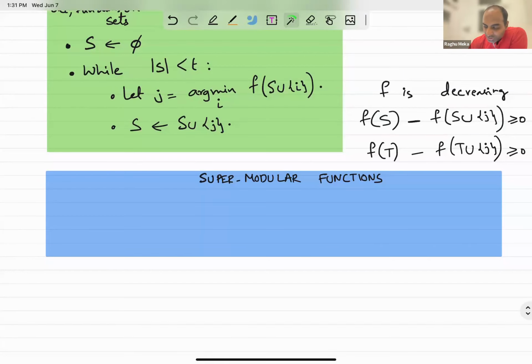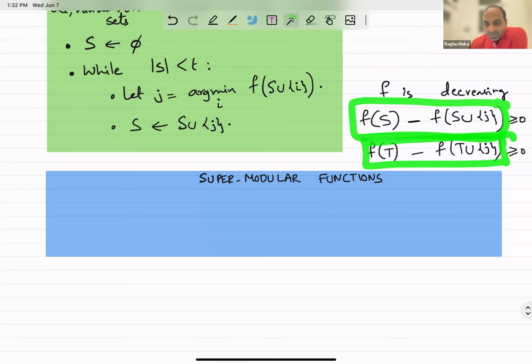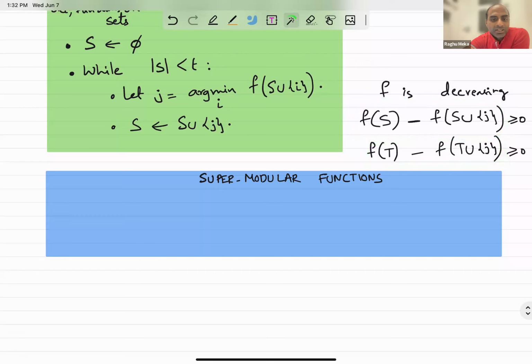So supermodularity allows you to compare these differences. It's kind of second order information. It's not just comparing S to T or S to S union j, but the relative improvement you get on big versus small sets. F is supermodular.